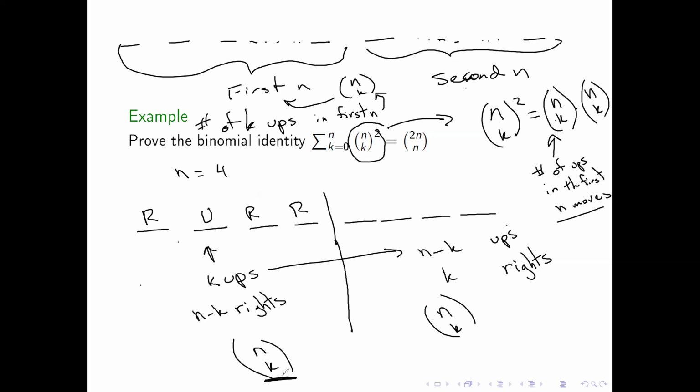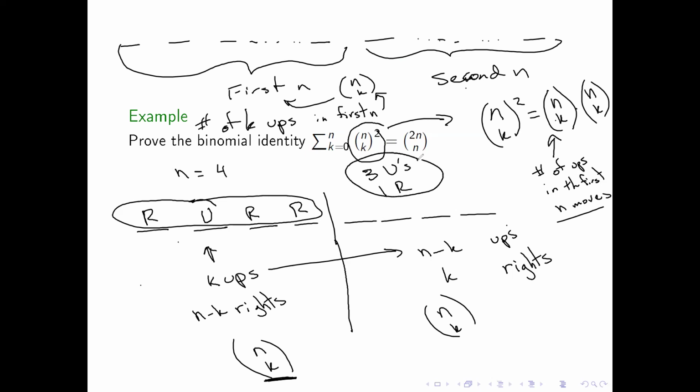So let's talk about this. Where could I put the rights over here in the second spot? If we had this particular sequence right here, how many ways can we still mix up the second grouping over here to have 3 ups and 1 right? Or choose one.